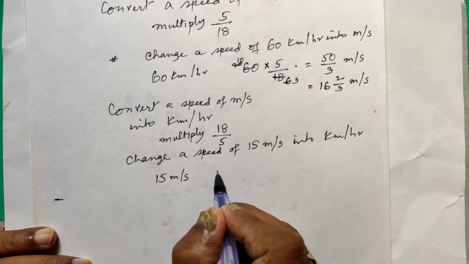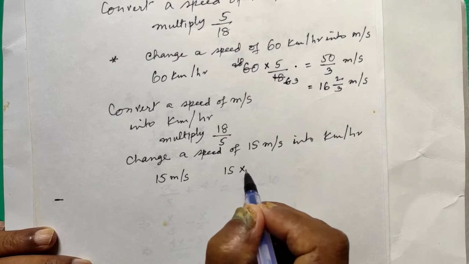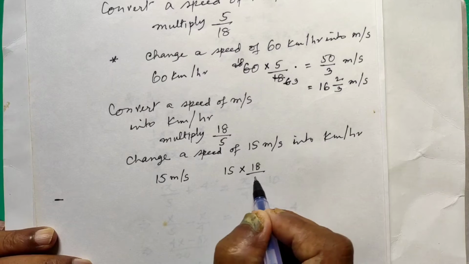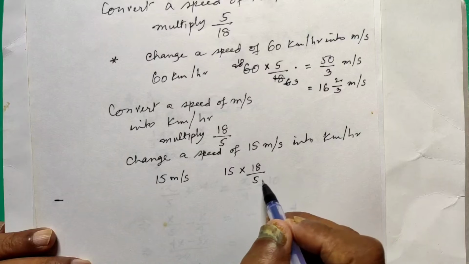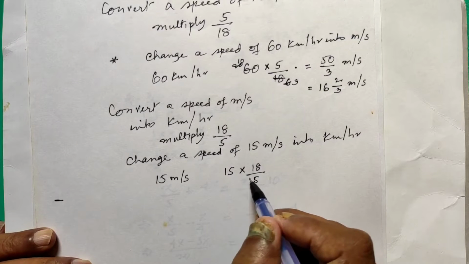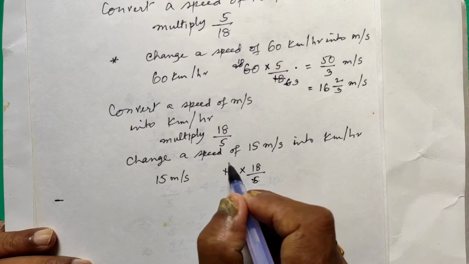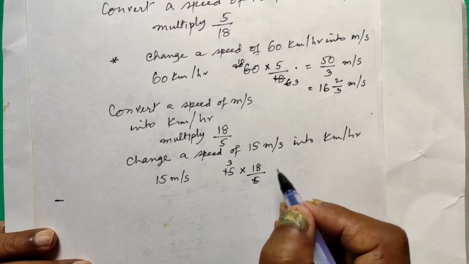If we apply the formula, then 15 and this formula 18 by 5. Here 5 and 15 cancel, leaving 3.